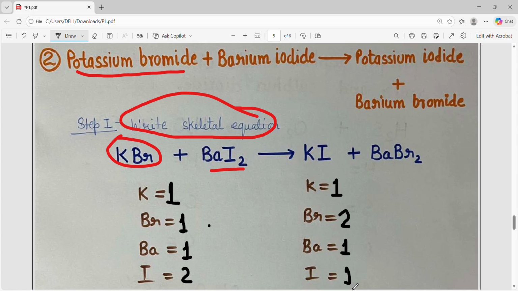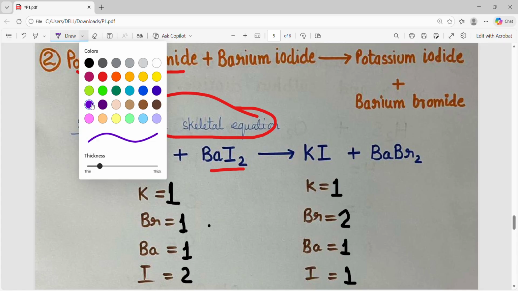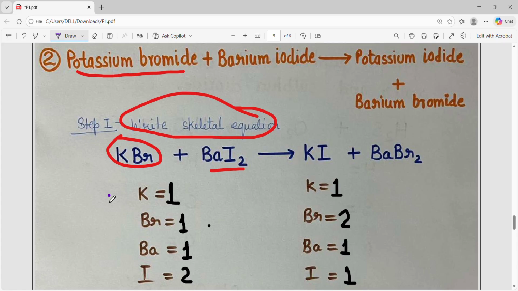Now if you see, there is not much difficulty in the numbers, as barium is 1 on this side and 1 on the other side. If we change the number by putting 2 in front of this, then bromine becomes 2. So we simply cut it and write 2 in front, and potassium is also changed, so I cut 1 over here and put 2.